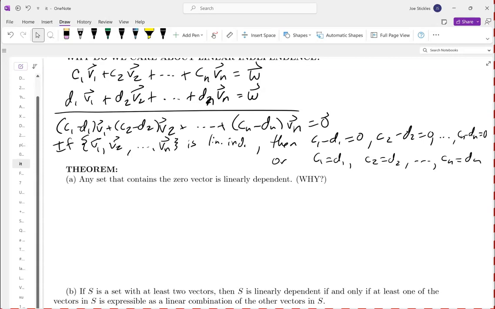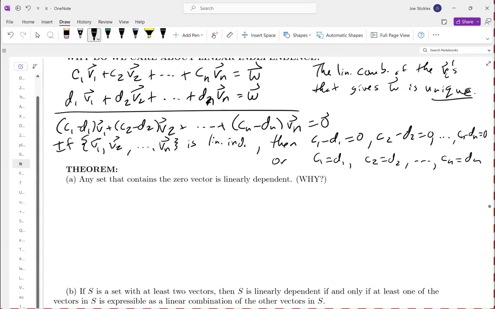So in this case, if we have linear independence, the linear combination of the v's that gives w is unique. So this is the uniqueness portion of what we want. Spanning gives us existence. Linear independence gives us uniqueness.